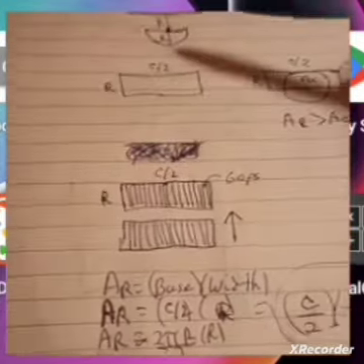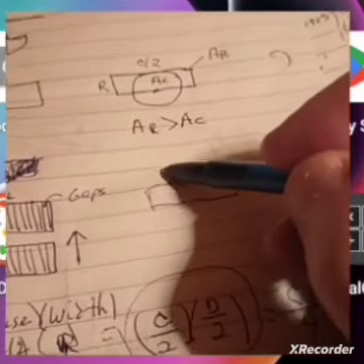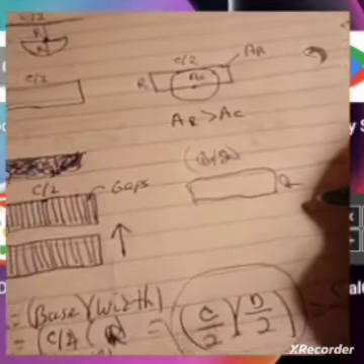And if you slide them together, you'll get one solid that is half the circumference times the radius. So you get a solid rectangle that does equal the area of the circle.